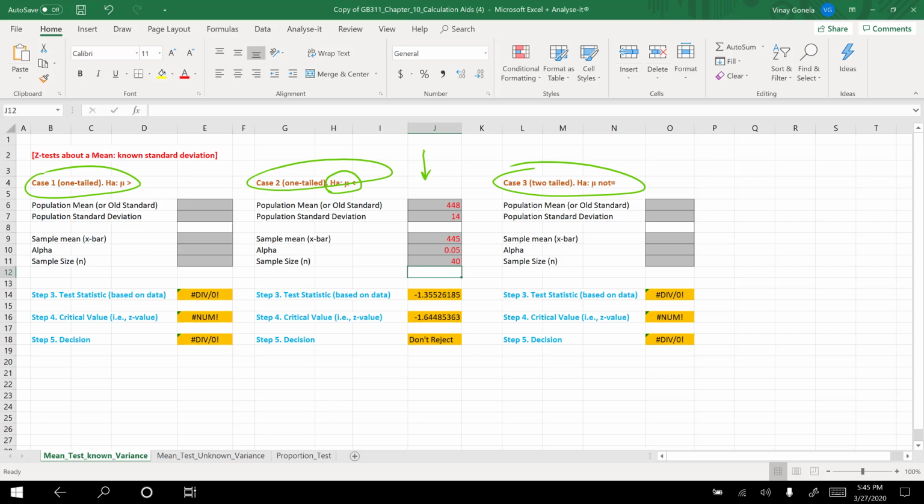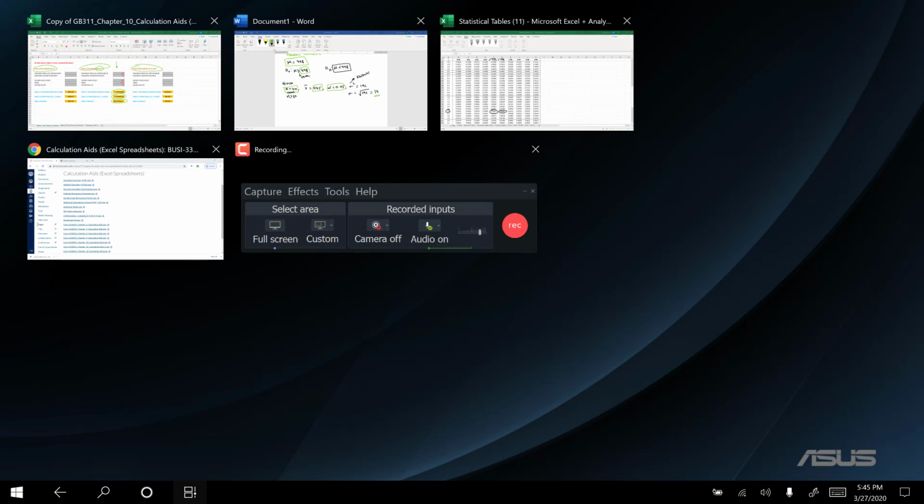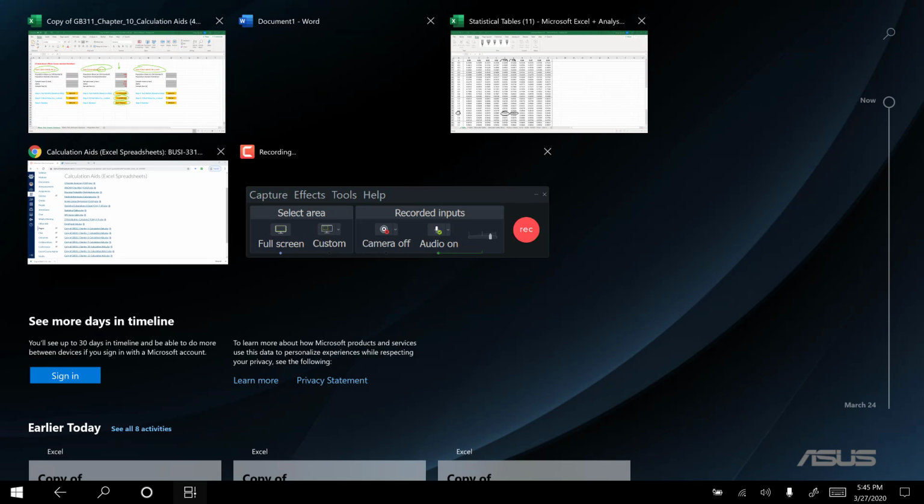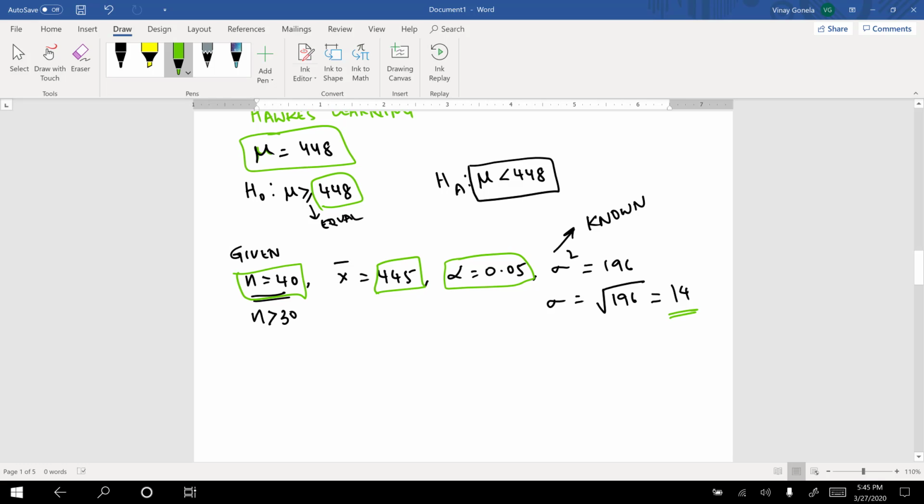So again our test statistic value is minus 1.355 and our critical value is negative 1.64, and they say don't reject. So when they say don't reject H null, they are referring to H null.